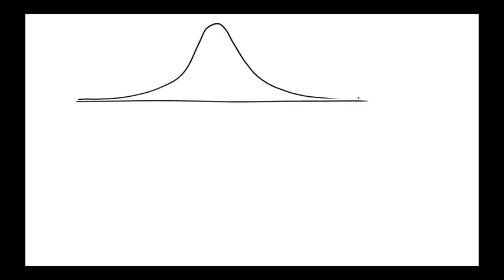So here's our picture. We have some superposition. Let's say it looks like this. This is psi of x comma t. And then after some small amount of time, let's say the superposition starts looking more like this.